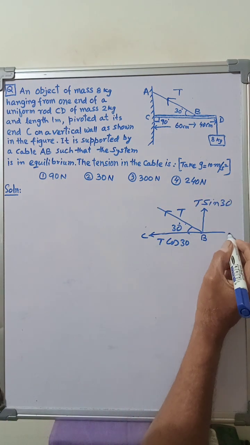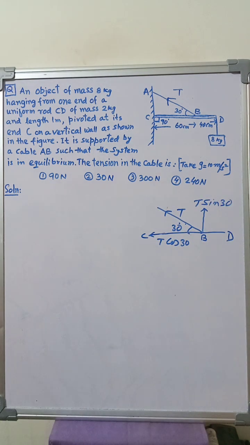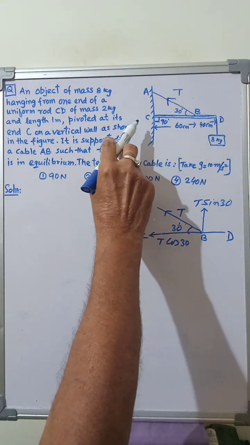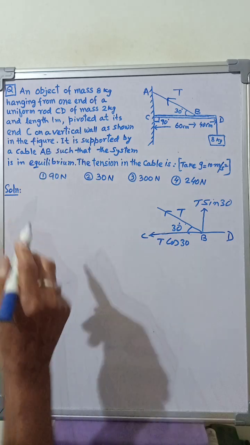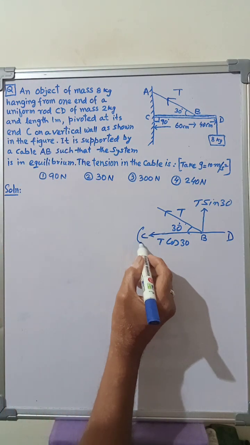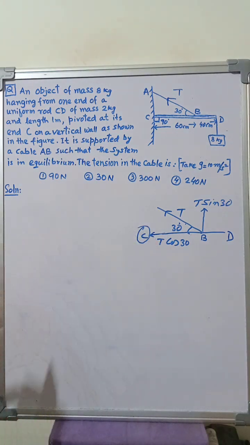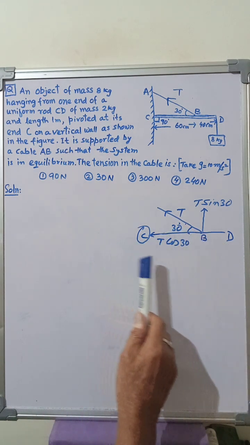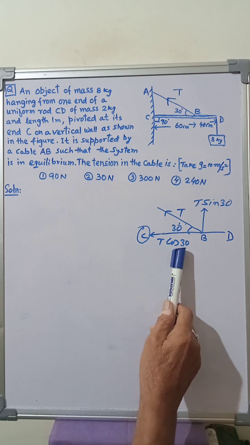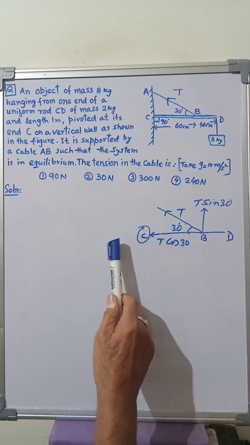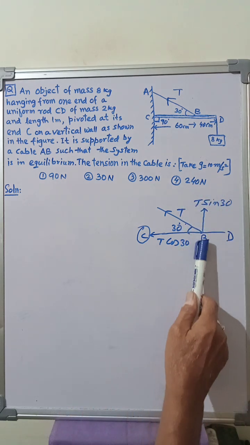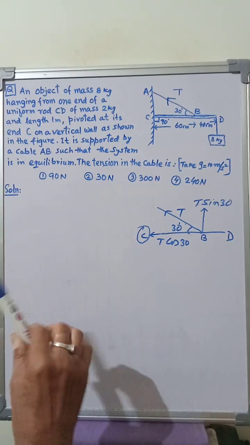Let us mark this point also as D. Now we want the total torque to be 0 about the point C. Therefore, the components of tension T are T cos 30 degrees along BC, the horizontal component, and T sin 30 along the vertical direction.